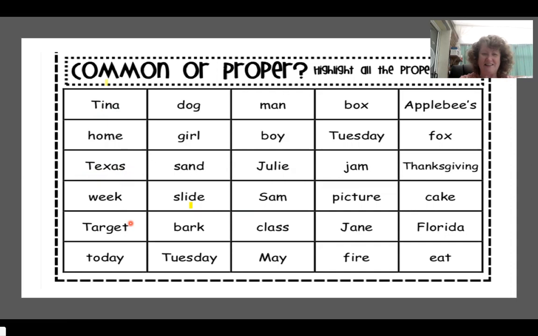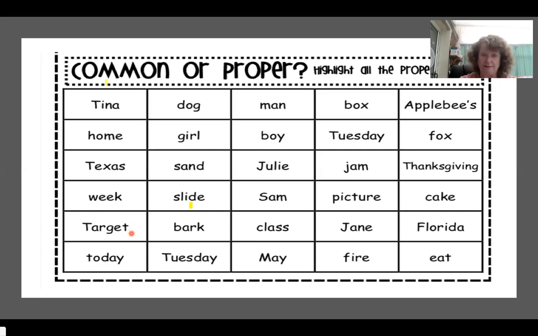Okay, let's go down. Week. It's a common noun, isn't it? It could be any week. Target. Now, I believe that's the name of a big shop in America. We don't have it over here. But Target is a name, the brand, the name of a shop.